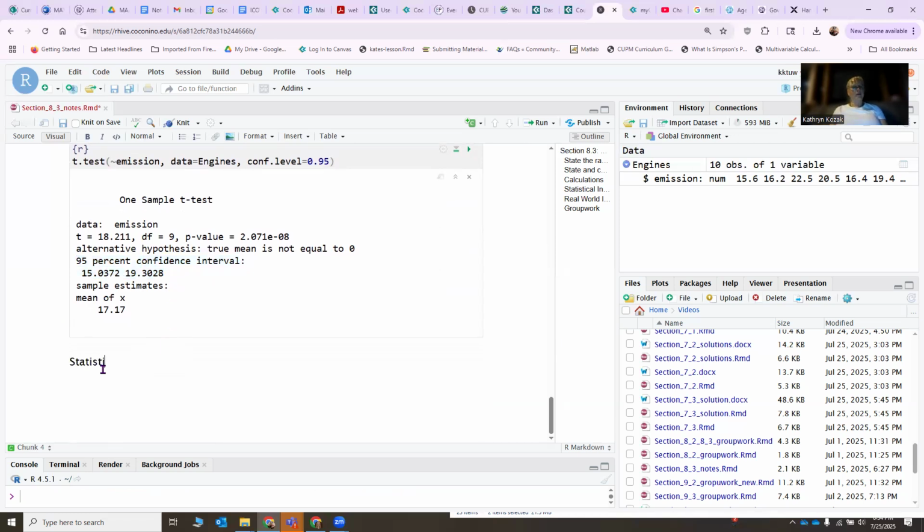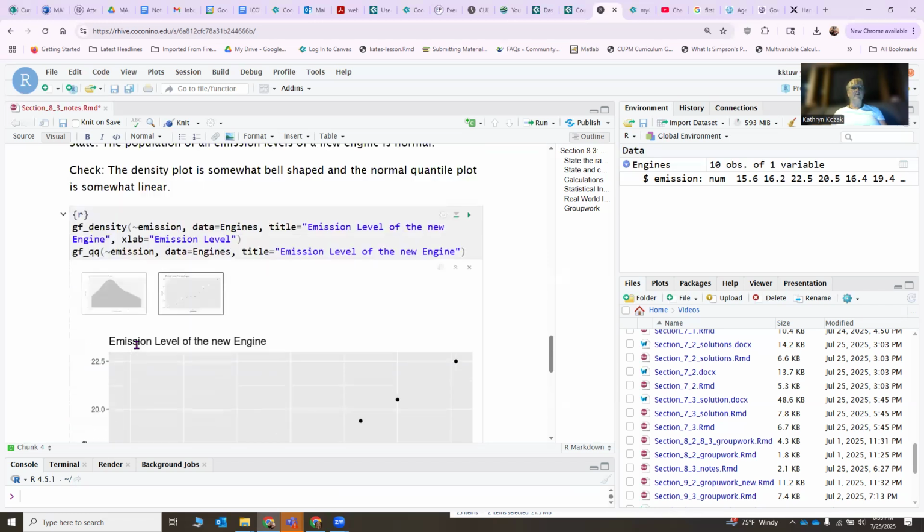So our statistical interpretation is that I am 95% confident that the interval 15 to 19.3, and let's look at what the units are on this.